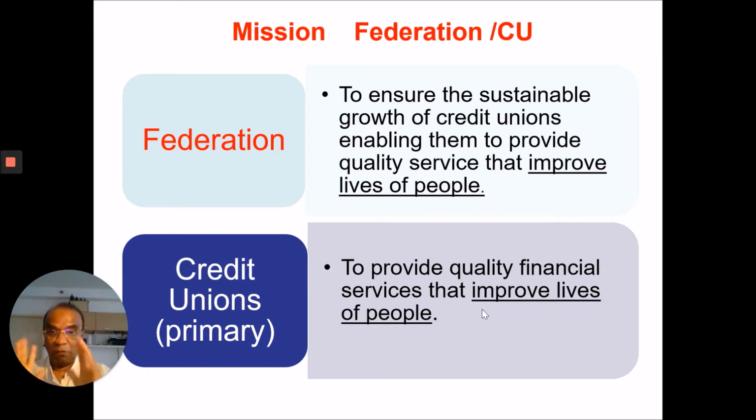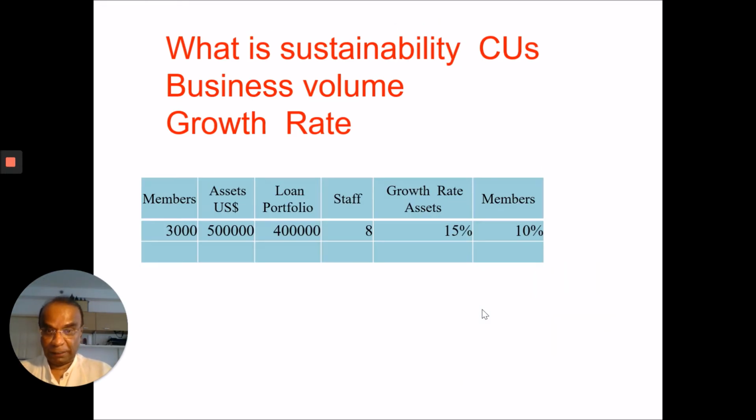But looking at the balance sheet, I will take one example from Nepal. That's not the best one, but anyway, I will take it. In my experience in the Asian context, it's not the largest and not the smallest, but average size.